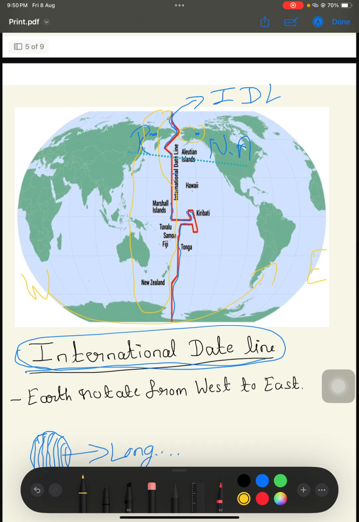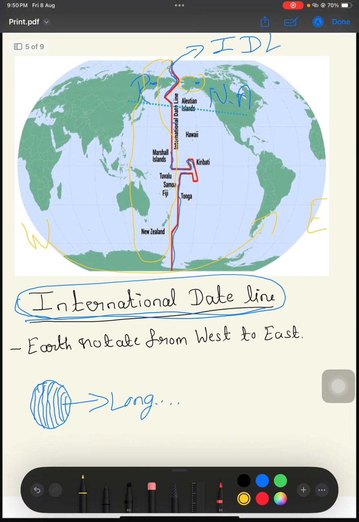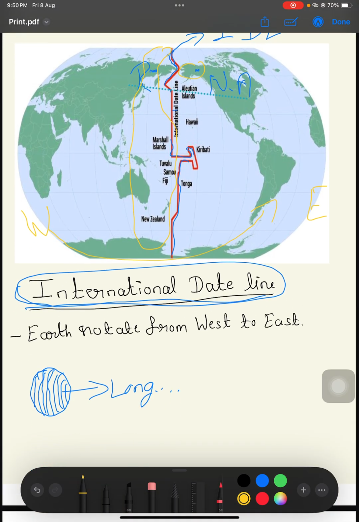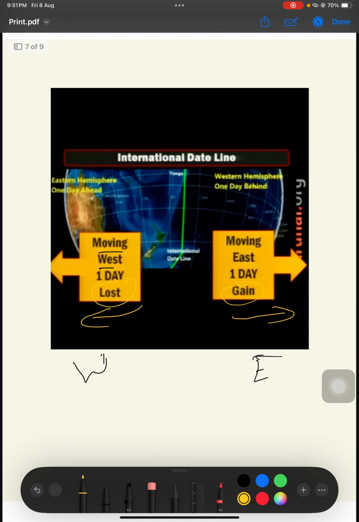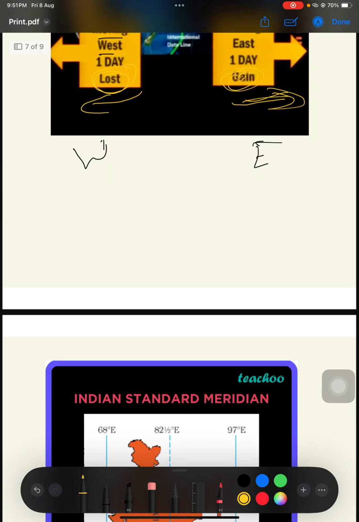That's why, when it is moving from west to east, the first sun rays will hit in this region, okay. That's why when someone is moving west he will lose 1 day. If someone is moving east he will gain 1 day.